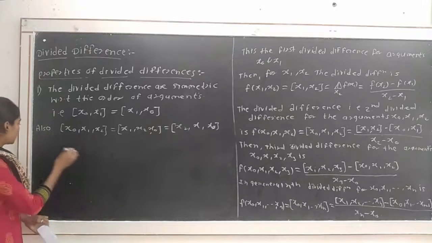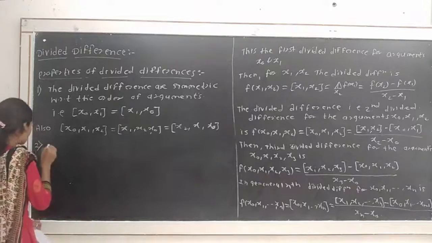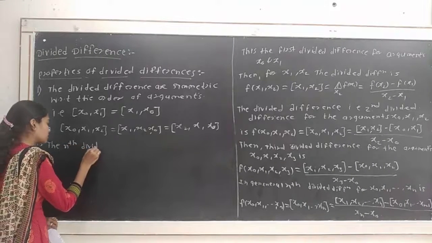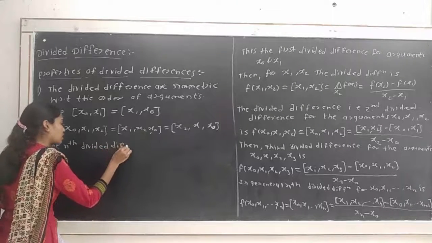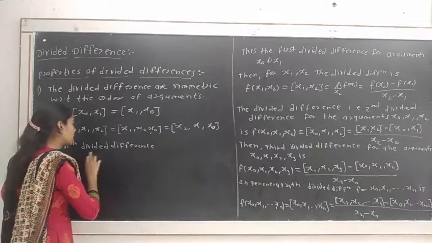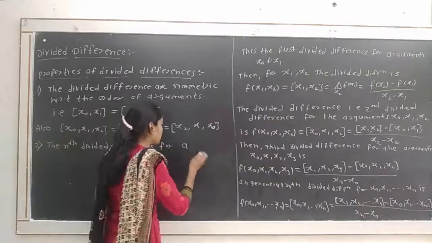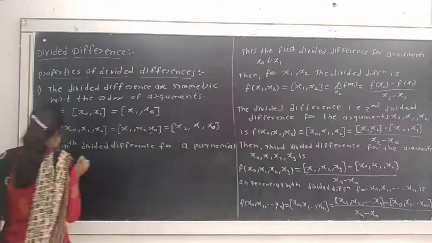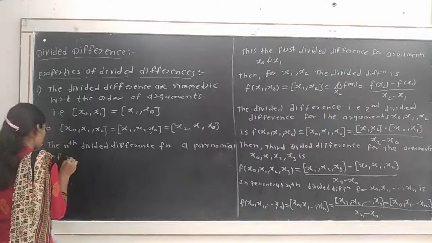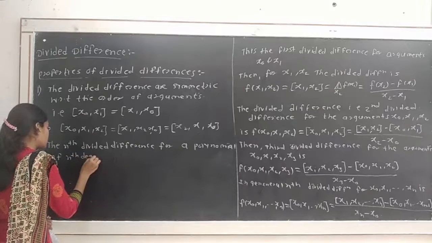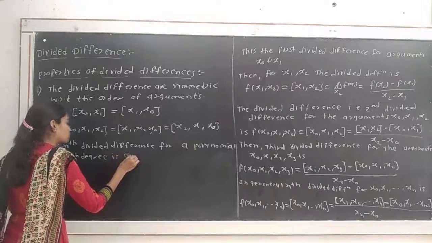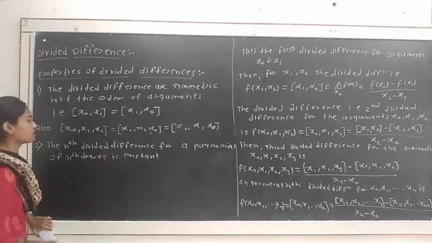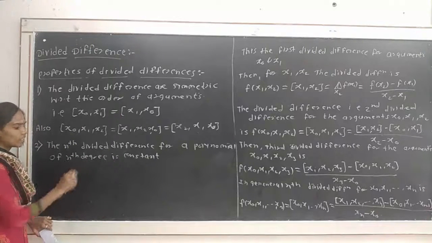Then the second property is that the nth divided difference for a polynomial of nth degree is constant. It is an important property. The nth divided difference for a polynomial of nth degree is a constant.